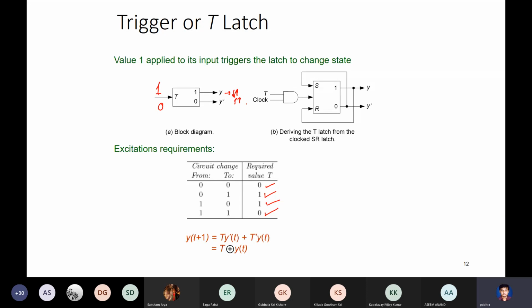This can be easily achieved using a basic SR latch with this additional AND gate with the clock. Of course, the changes will happen with the clock, and if you see, it's very easy. The output is just the XOR of the toggle with the current output. I've written Y here, but I think this Y is actually Q(t).